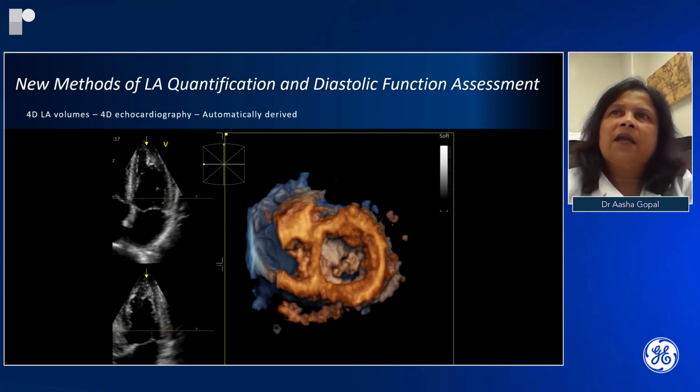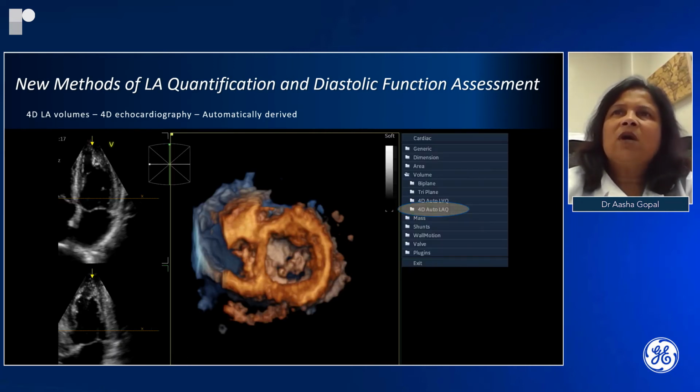Here you're looking at an image looking down on the mitral valve with the left ventricle excluded from the 3D data. So once the 4D acquisition is available, 4D auto LAQ can be automatically launched, as you can see here, it's highlighted.